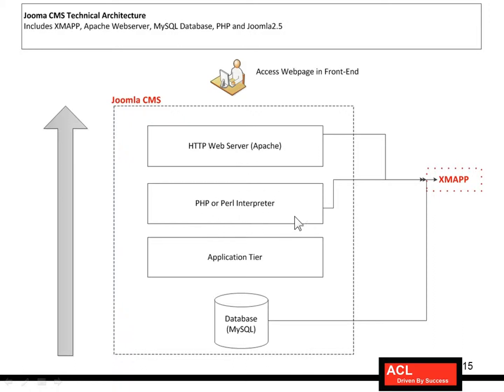the PHP interpreter. The PHP interpreter takes that request and then passes it to the application tier. Application tier is nothing but where all the applications of your Joomla are lying. So the PHP interpreter finds the application that should execute the query or the request that you sent through the website.